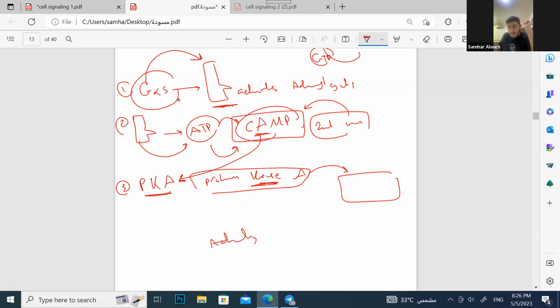So G-alpha S goes and activates adenylyl cyclase. Adenylyl cyclase converts ATP into cyclic AMP. Cyclic AMP, as the secondary messenger, goes and activates PKA. And PKA phosphorylates a specific enzyme, and that specific enzyme causes the action. This is the adenylyl cyclase pathway. Is it clear? G-alpha S activates adenylyl cyclase, adenylyl cyclase makes cyclic AMP, cyclic AMP activates PKA, and PKA phosphorylates the last enzyme, and the last enzyme does its action.